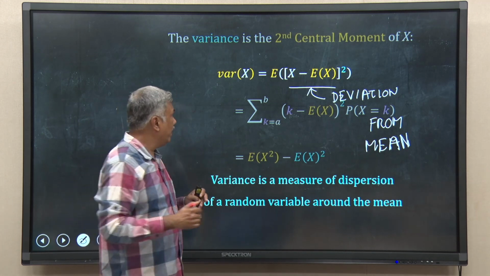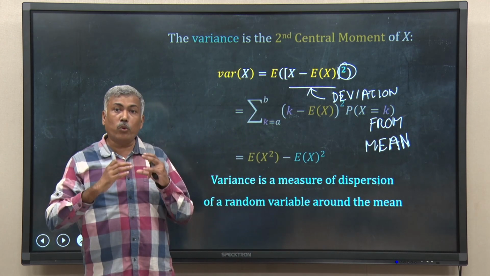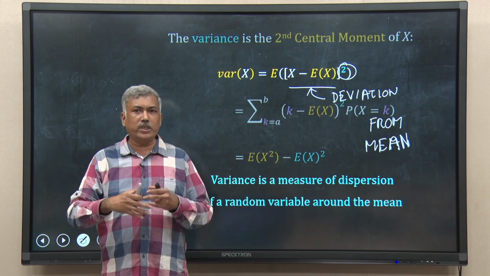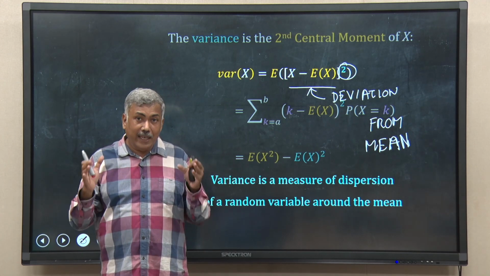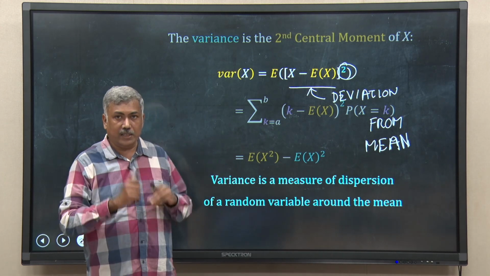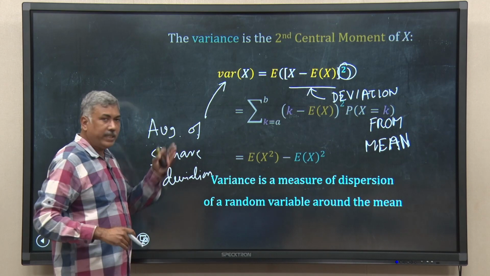So, what I am doing, I am taking the square of the deviation from the mean. Once you square, negative and positive all will be positive, and then you are taking the average of that squared deviation. So, variance in a way is nothing but the average of squared deviation, right, because expectation is averaging.